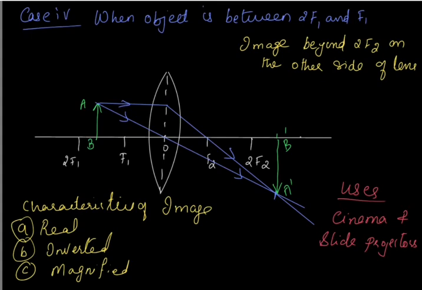It can be made erect using certain other techniques, or you can place the slide in an inverted position so that you get an exact image of the object.